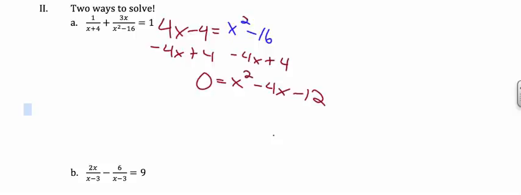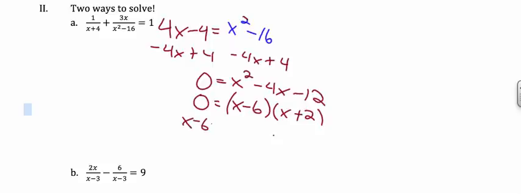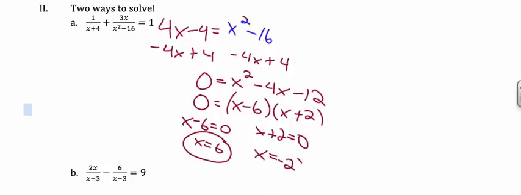I can solve this in a lot of different ways. I'm going to solve it with factoring. Okay, we did that just for a couple days about a few weeks ago. So factor, and I get x minus 6 times x plus 2 equals 0. If I solve each of these individual equations, x minus 6 equals 0 and x plus 2 equals 0, I get x equals 6, and I get x equals negative 2.